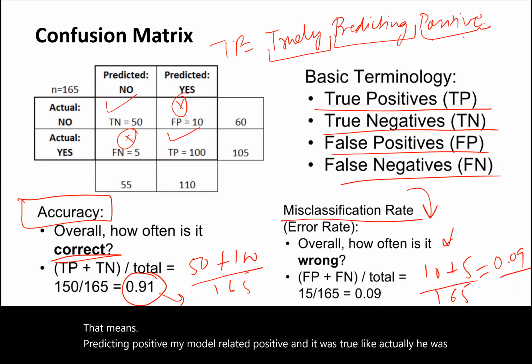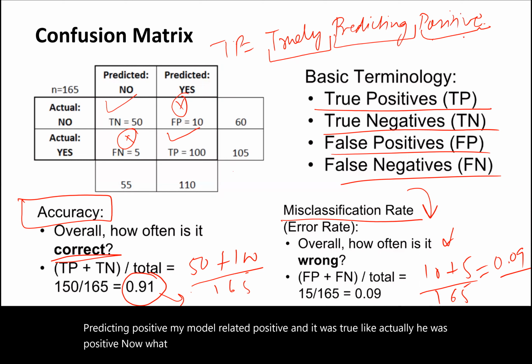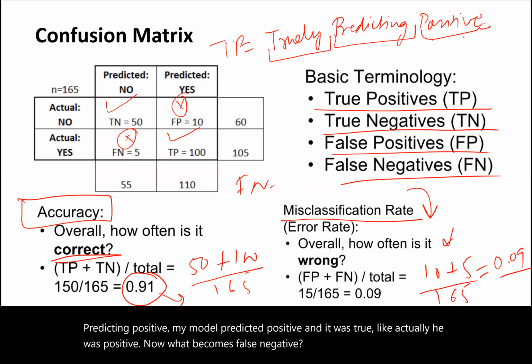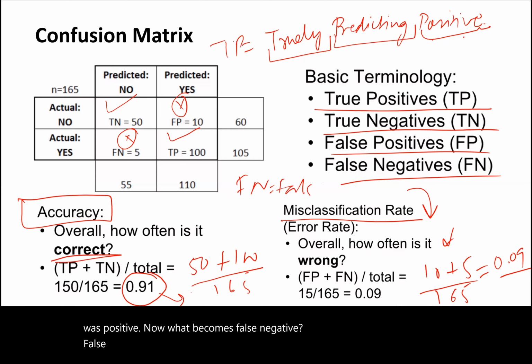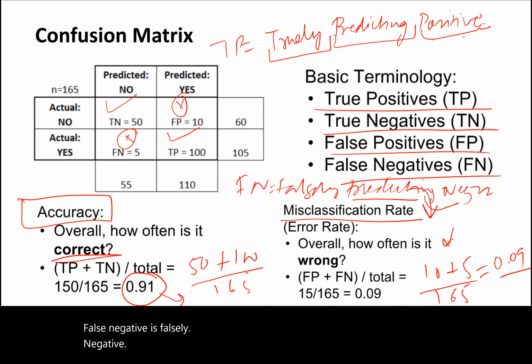Now what becomes false negative? False negative is falsely predicting negative. That means my model said negative, but it was false, they were actually positive.